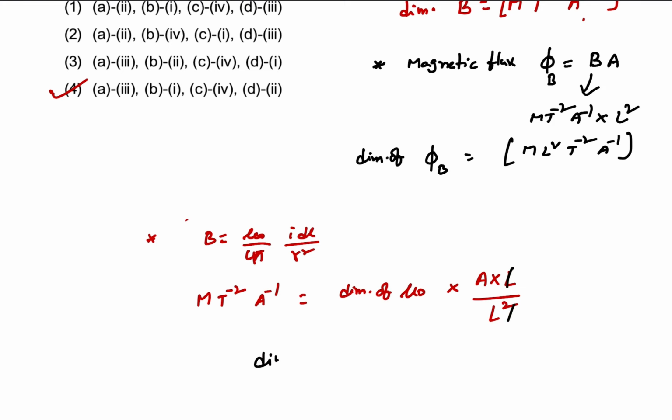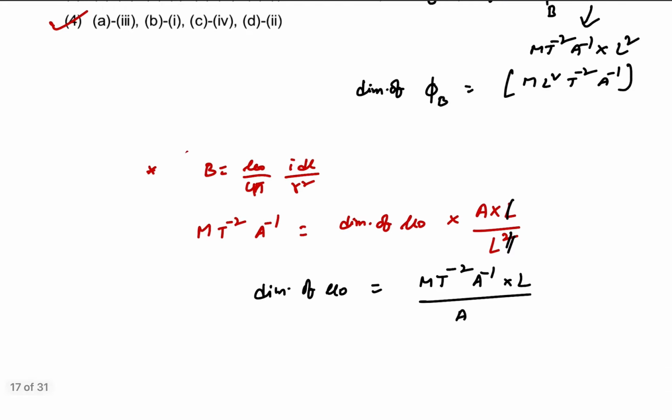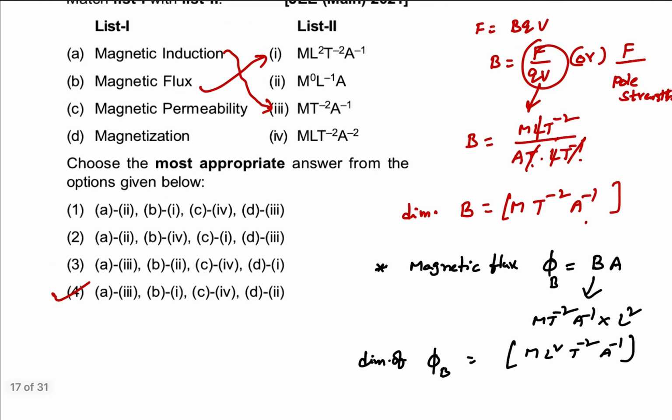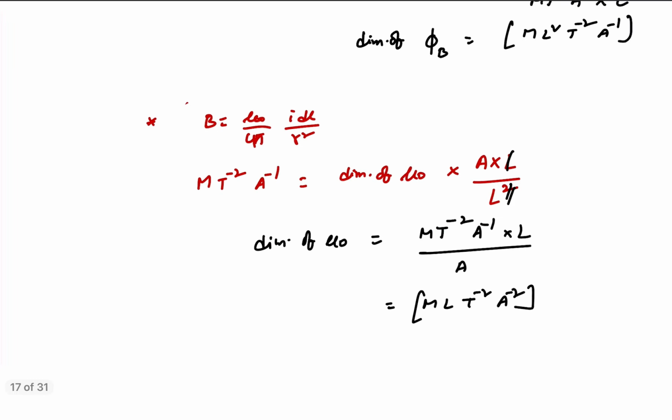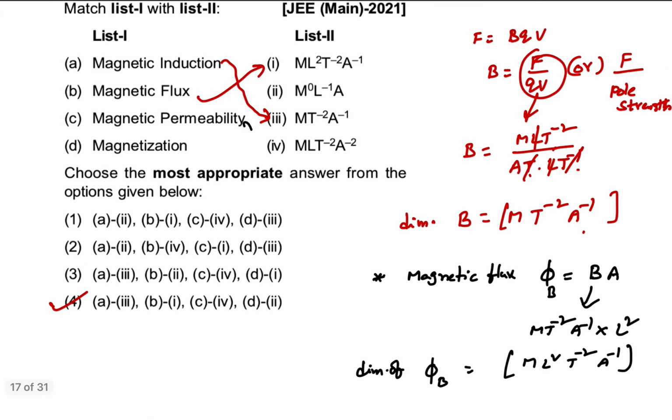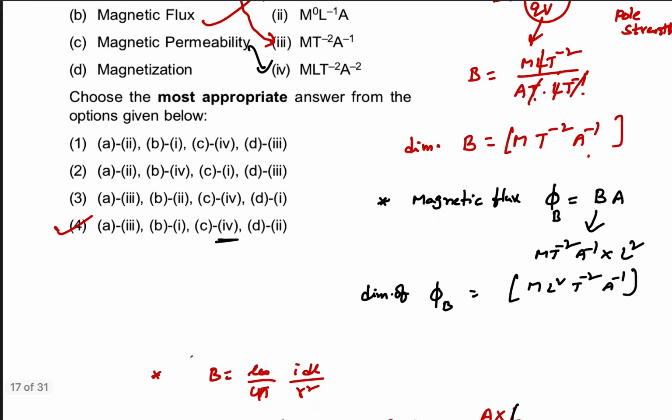So L and L square get cancelled. Remaining, dimension of mu naught is equal to M T power minus 2 A power minus 1 into L divided by A. So the value is M L T power minus 2 A power minus 2. Just check that M L T power minus 2 A power minus 2. This is matching with the fourth.